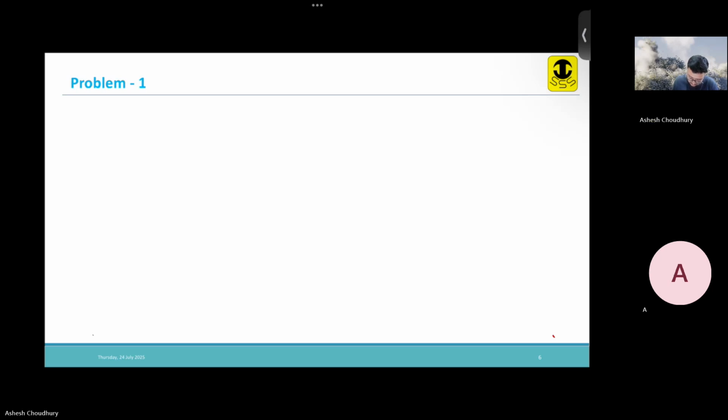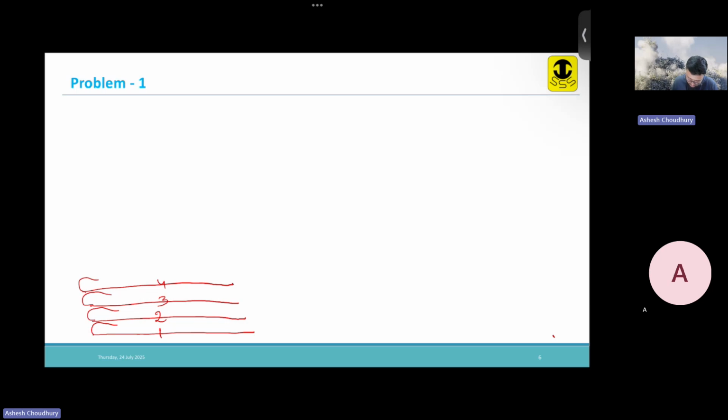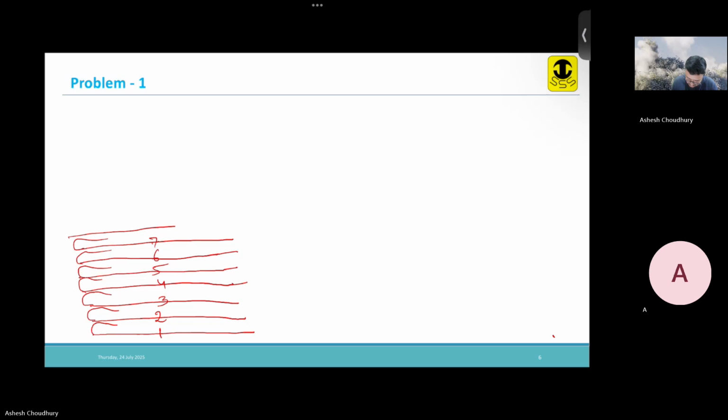So we have one layer, then 2 layers, 3 layers, 4 layers, 5 layers, 6 layers, 7 layers, 8 layers, 9 layers.